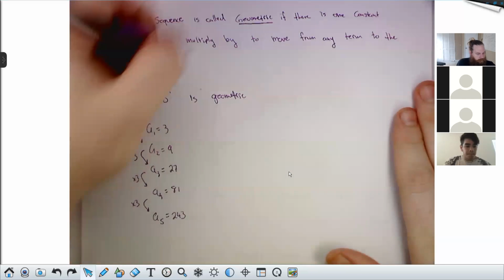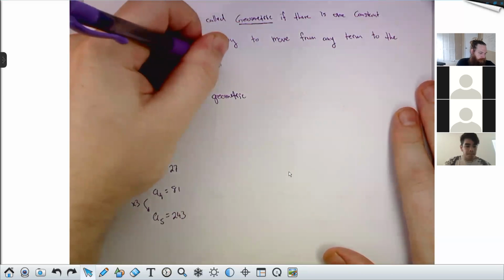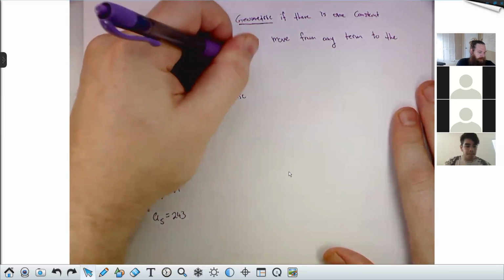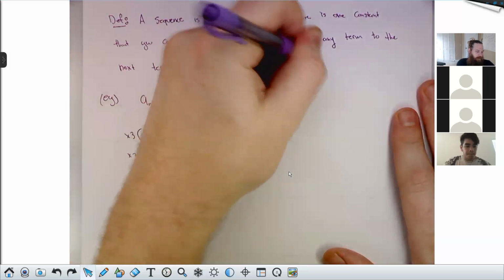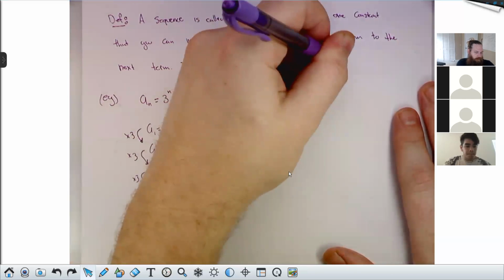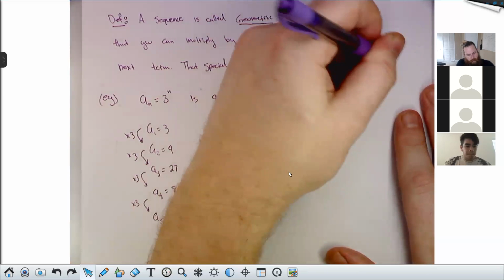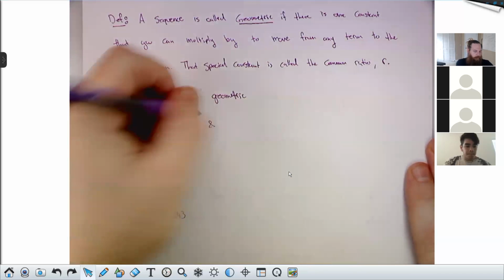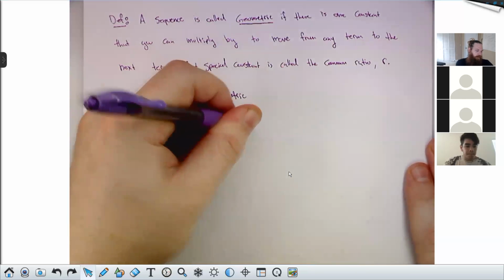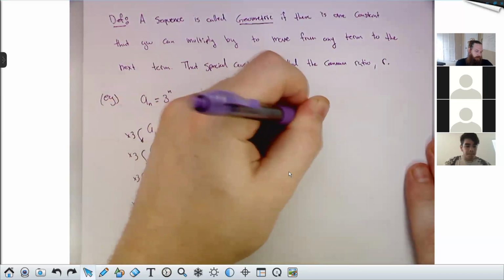That special constant is called the common ratio. And we write it as a lowercase r. So here, this is geometric, and the common ratio is r equals 3.